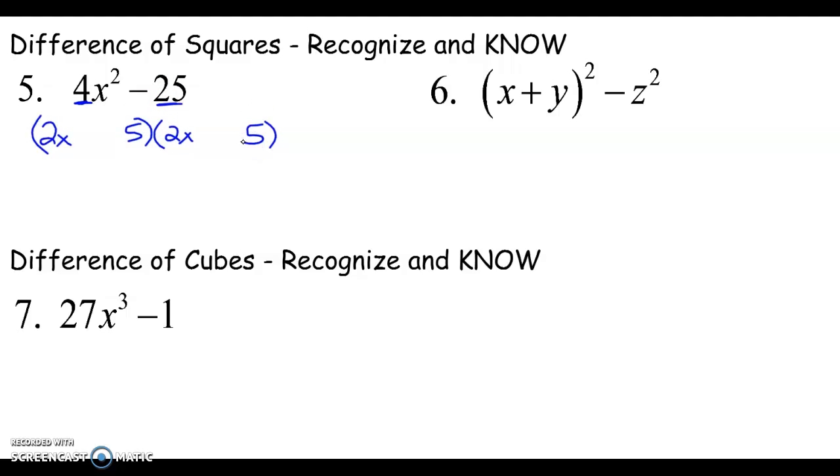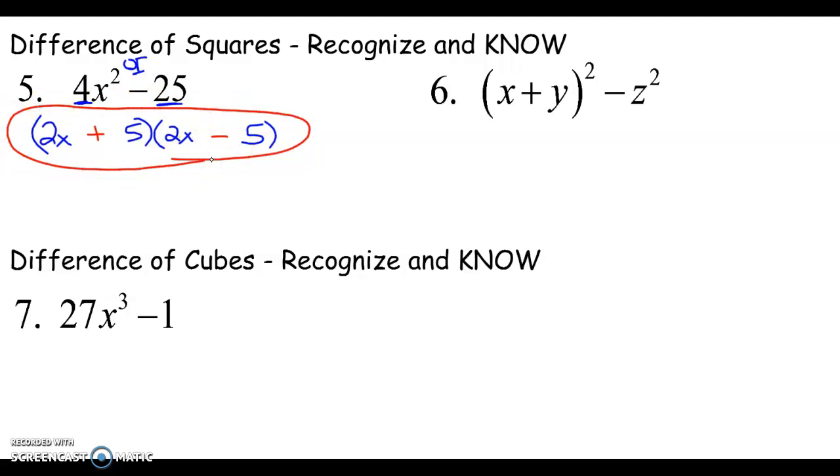And then notice this one, we want our inside and outside term, FOIL, to be nothing. There is nothing there. Okay? So how would I get that to be nothing? Well, we want a positive 10x and a negative 10x. Now together they equal 0. Okay? So that's difference of squares.